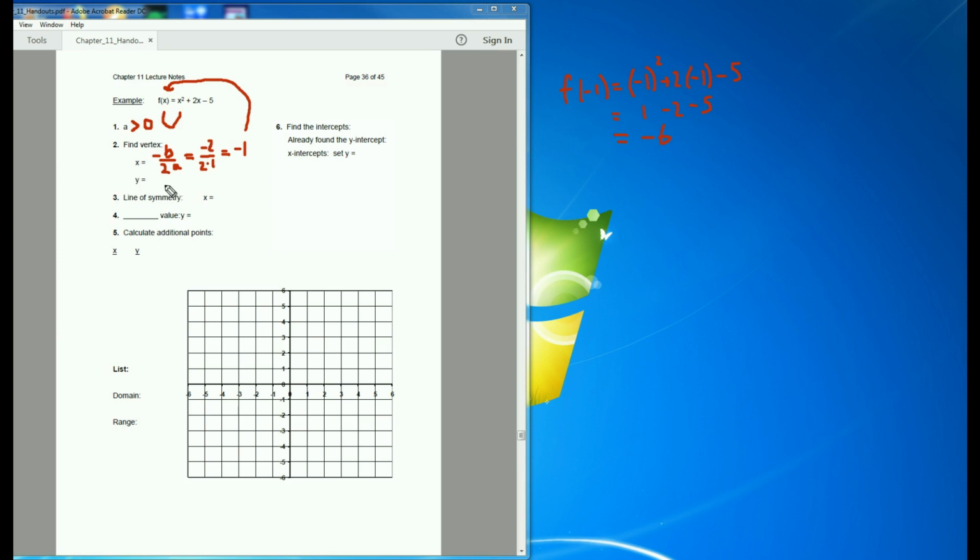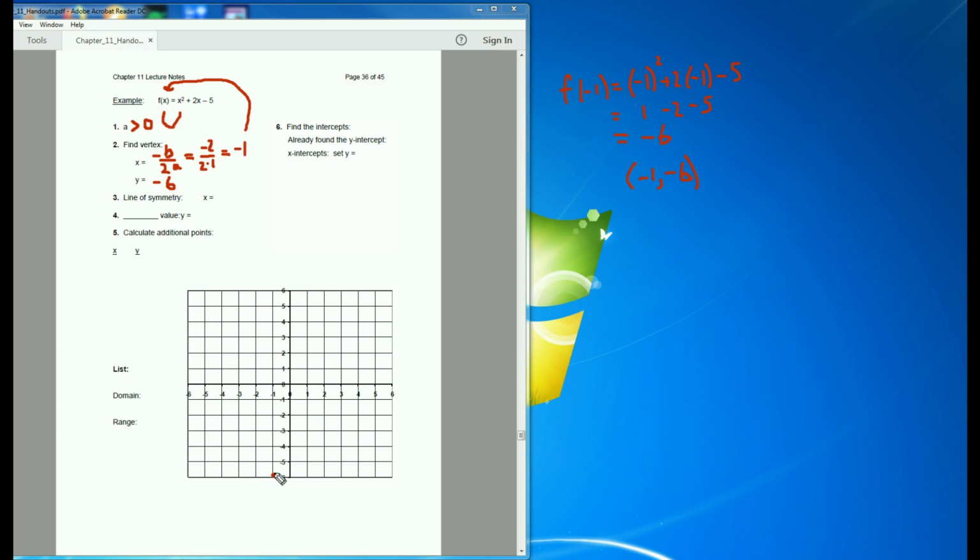All right, so the y-coordinate is -6, or in other words, the vertex is the point -1, comma, -6. And if you want, we can go ahead and add that to the graph, -1, -6, right down here.